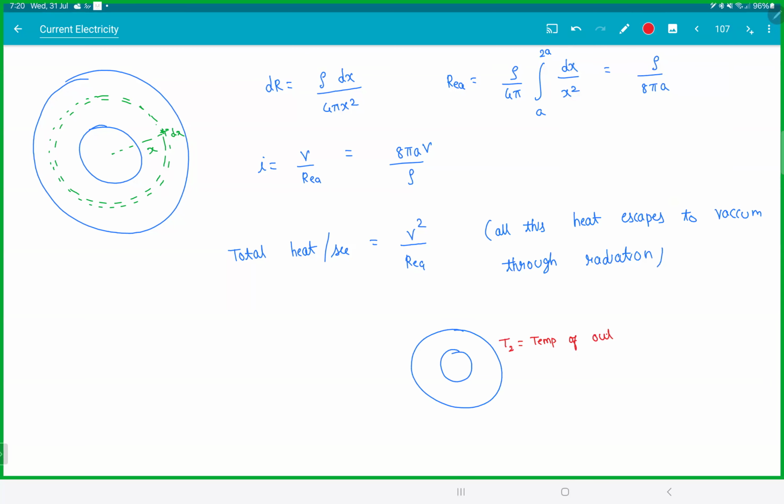You can use current, but how? Who will have more temperature, inner or outer? That is also difficult. How will you guess this?